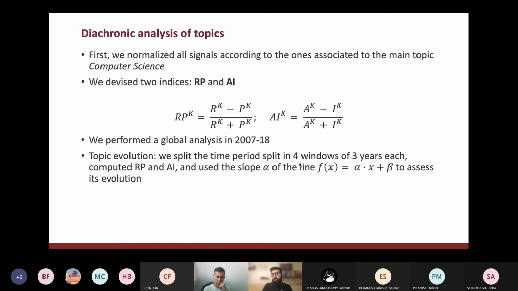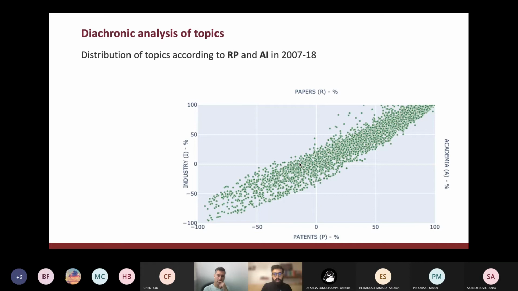Now, the thing that we can do once we devise these two indexes is analyze all topics. And the first thing that we observed is that all topics distribute along the diagonal of this environment. What you are seeing here is that each dot is a topic, and on the X axis you see academia versus industry.